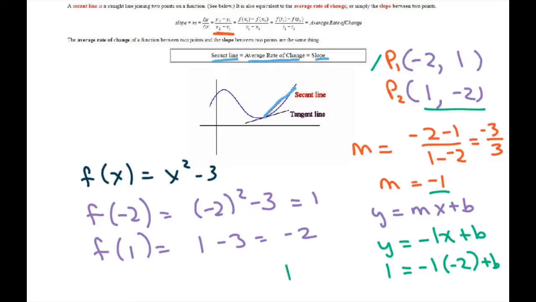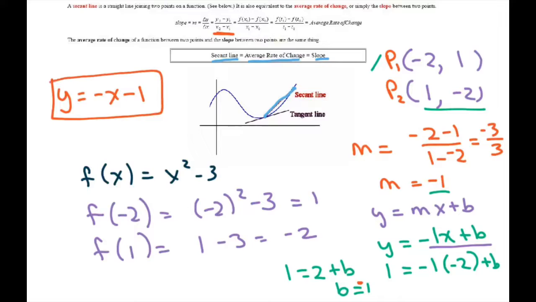So we get 1 equals 2 plus b, so b is -1. Therefore, going back to this equation, we have y equals -x, and your b is actually -1. So there's your equation of your secant line.